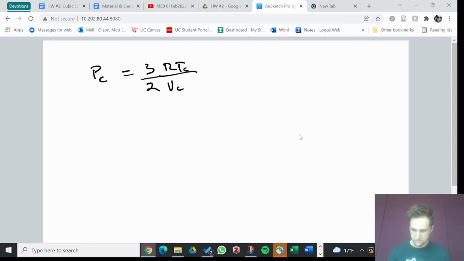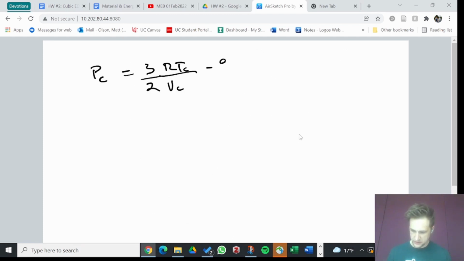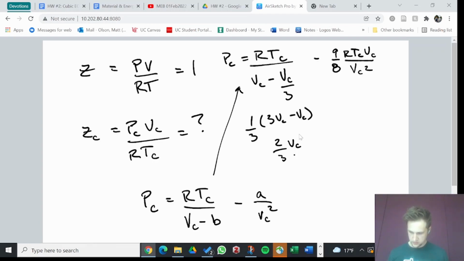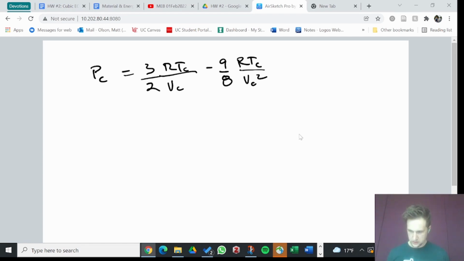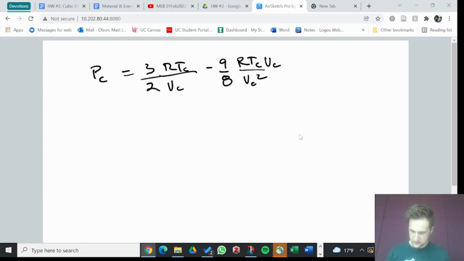And then, what do we have for our A? It's going to be 9/8 RTC, and then VC squared. Is that right? Yes. Did I miss something along the way here? I did. We still had a VC up here, so let's go ahead and just take that out.